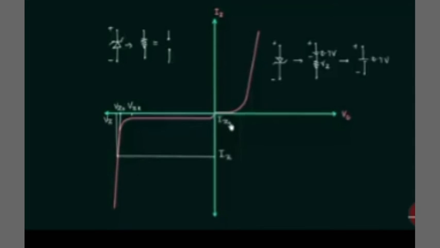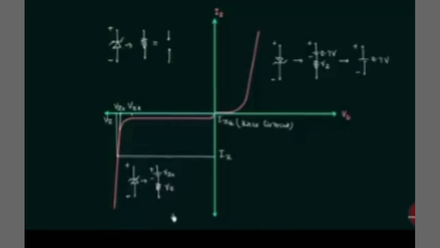Now we have everything to obtain the equivalent model of the Zener diode. First I will draw the symbol. We have to reverse bias the diode. I will connect one side to the positive terminal and the other side to the negative terminal. Then we have the potential Vz naught, plus minus, and then the resistance of the diode Rz, and this is equal to Vz.